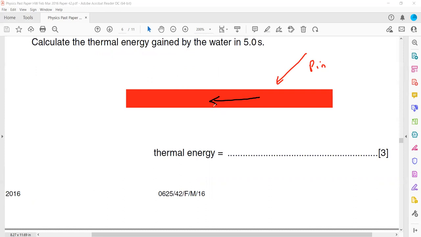By absorbing the energy. So what is the power absorbed, or energy absorbed, in every second? That is the power output, energy absorbed by the water divided by time. Energy absorbed by the water is 4100, and how much time was it taking to absorb this energy? It was taking 5 seconds. That is how we got 820 watt.